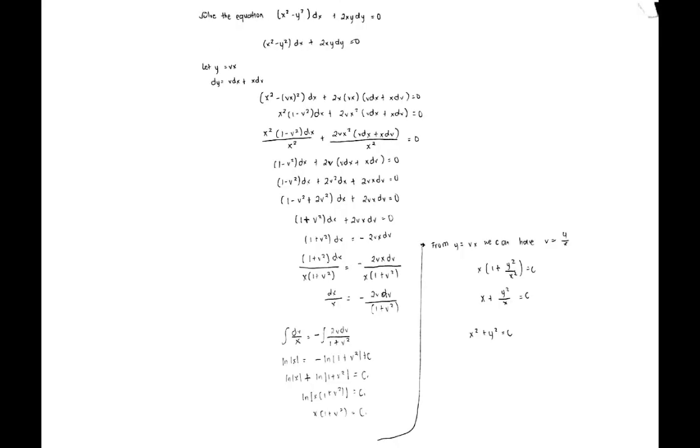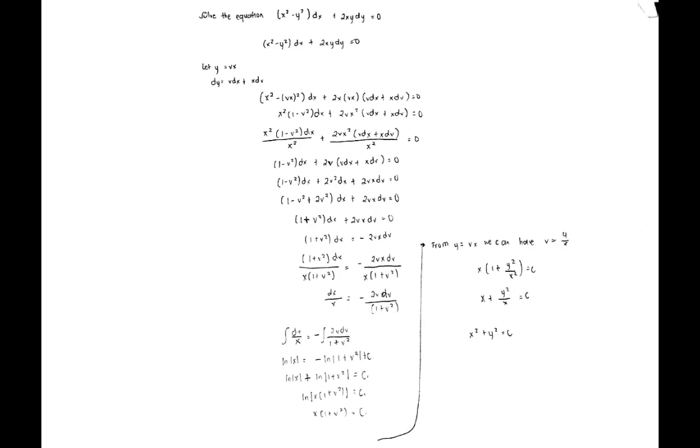Now for our second example, we have: solve the equation (x squared minus y squared) dx plus 2xy dy equals 0. Same as earlier, we look for the simpler part. The simpler part of this is the dy. That's why we let y equals vx and dy equals v dx plus x dv.